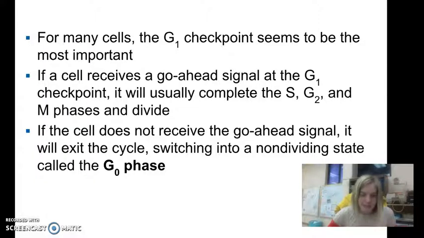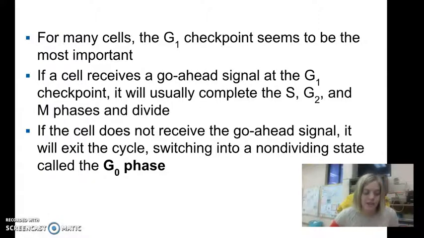If it doesn't receive the signal at G1 to go ahead, then usually it will exit the cell cycle and switch to a non-dividing state known as the G0 phase. So a lot of cells do go to the G0 phase, at least for some point in their lives. Mature nerve and muscle cells never divide, so they're basically permanently in G0. And then other cells can be called back from G0 to divide when necessary.